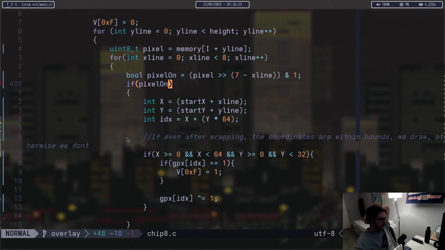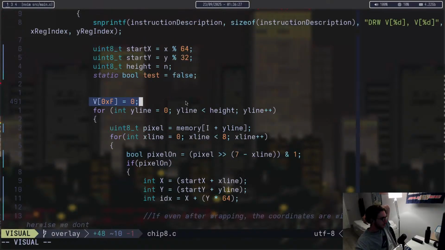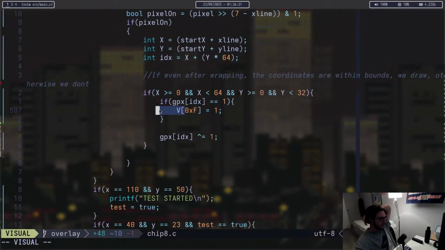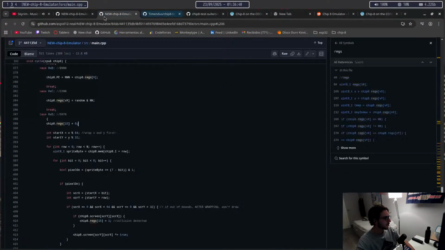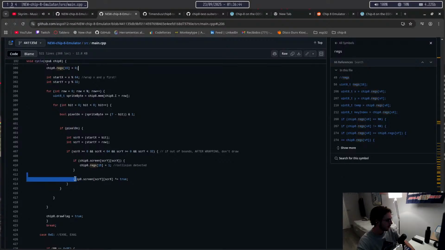This is my logic for setting BF, which I got from you, and I'm resetting BF here, here. Then I'm setting it here, which is, I believe, the same thing that you have.